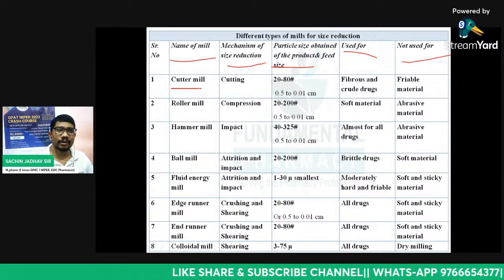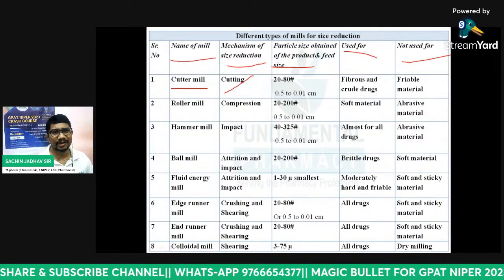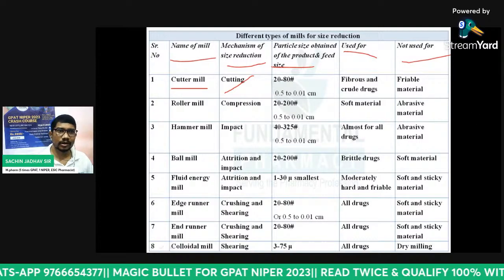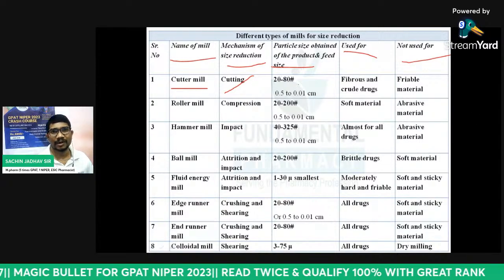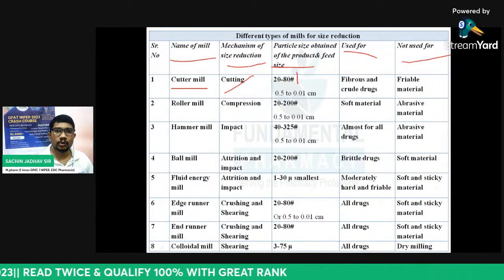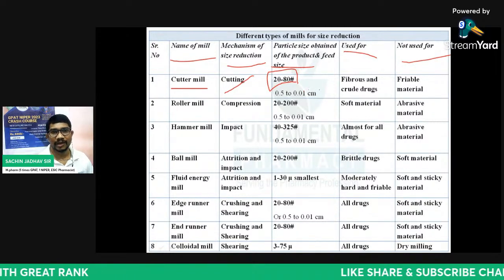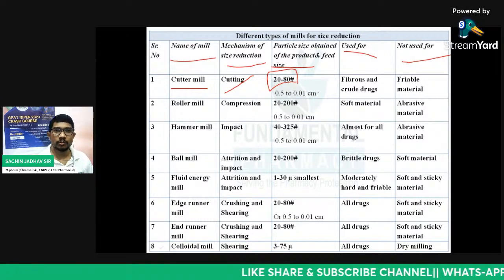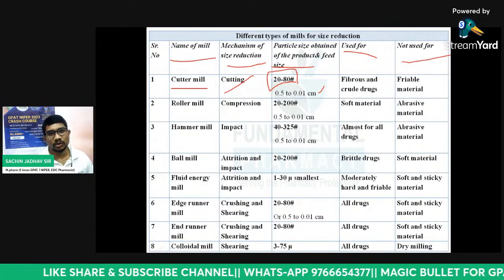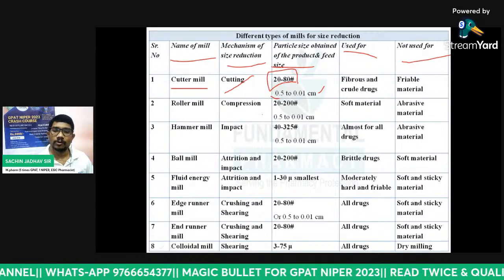The first mill is the cutter mill. What is the mechanism of size reduction? Cutting is the mechanism. What particle size is obtained after the cutter mill? The final product size is 20 to 80 mesh, and the initial feed size is about 0.5 to 0.01 cm.